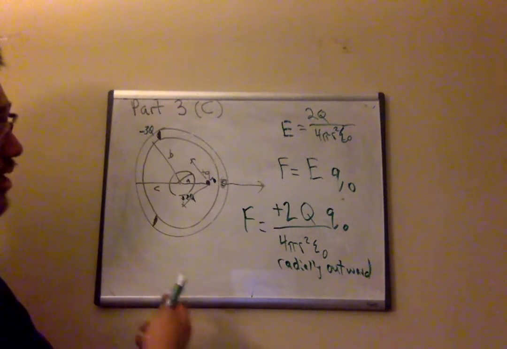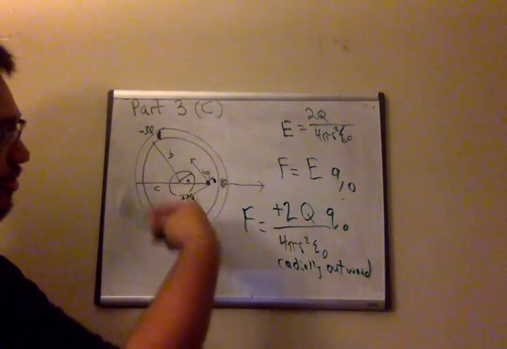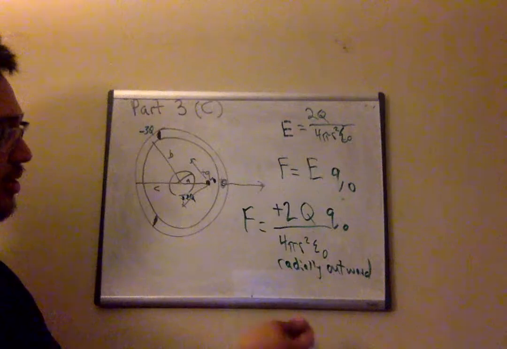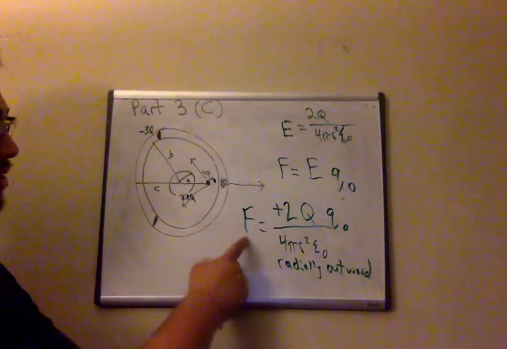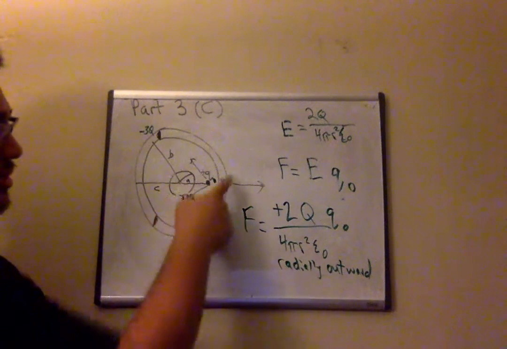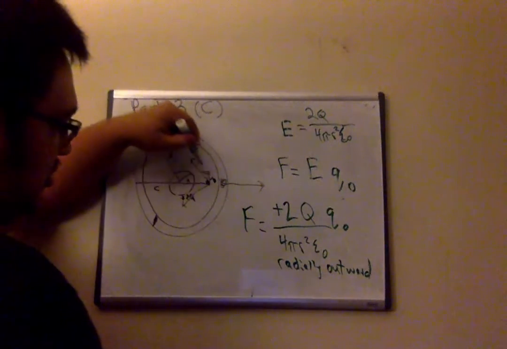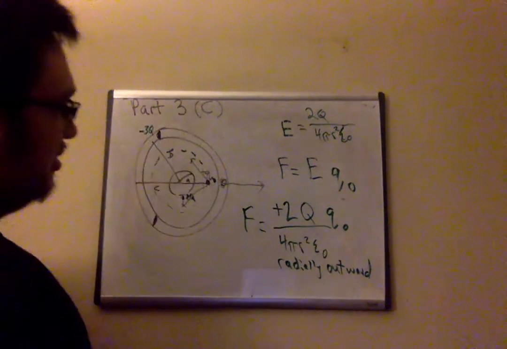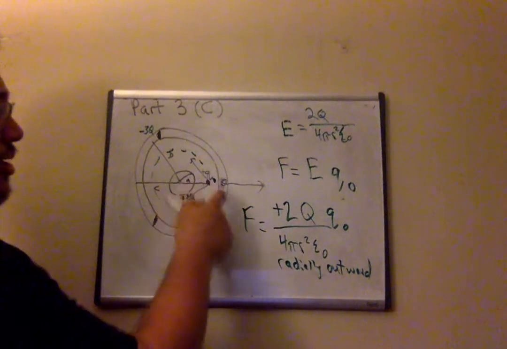To prove it, if you take a look at your equation, we're only accounting for the charge inside. The force is only dependent on what's inside here. We could also draw our Gaussian surface. If you draw your Gaussian surface, the electric field is dependent only on what's inside, not outside.